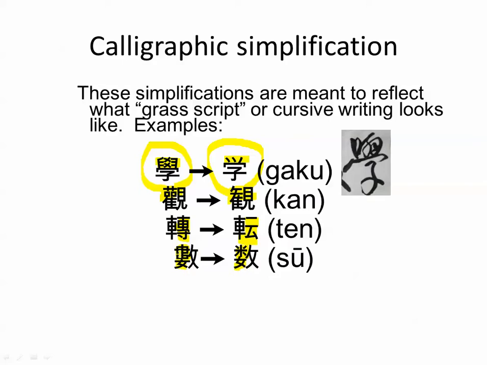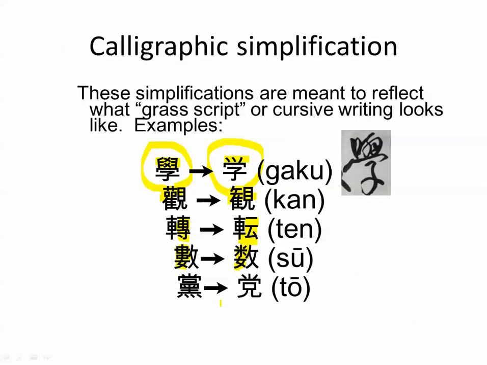So it's not as if these calligraphic simplifications came up with new kanji radicals. Really, what happens in the calligraphic simplification is the closest approximation within the realm of the 214 kanji radicals is the thing that gets substituted. So here, that is kome or rice.